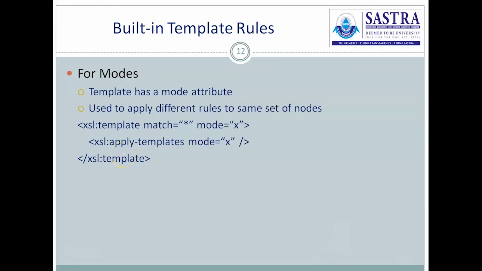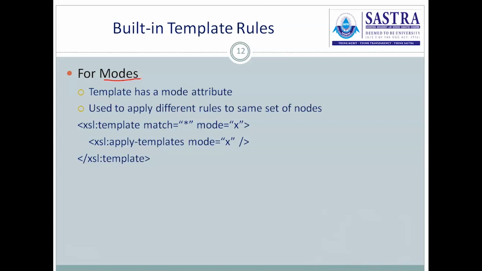The second built-in template is mode. When you take an example, for instance product, item is the general name for the product: item type, item name, description, and price. All information is available in the item element.